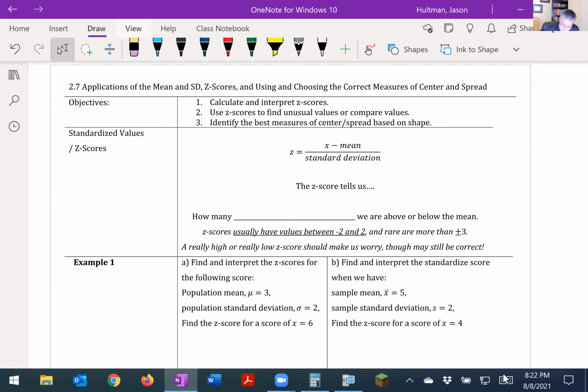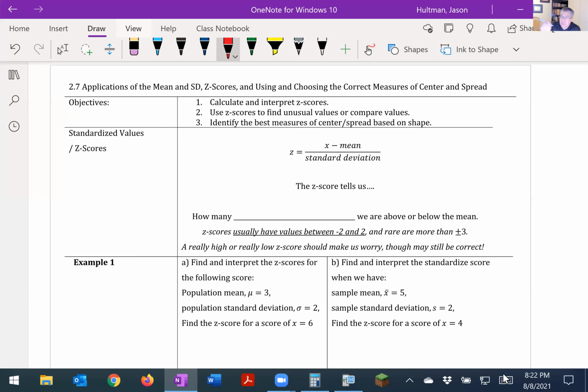Okay, so to standardize values, we use something called the z-score, and we take our value minus the mean and then divide by the standard deviation. This kind of normalizes all of our scores. Whether we're talking about 105 as the mean or 7 as the mean, this standardizes it so that the mean ends up being at 0, and then we can get a nice bell curve for our distributions.